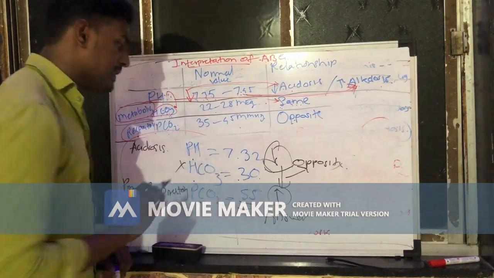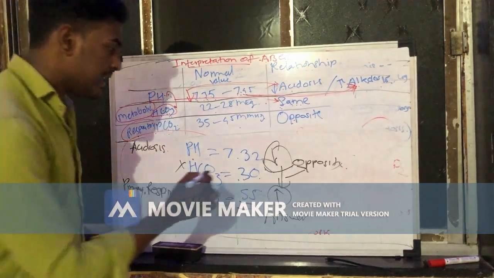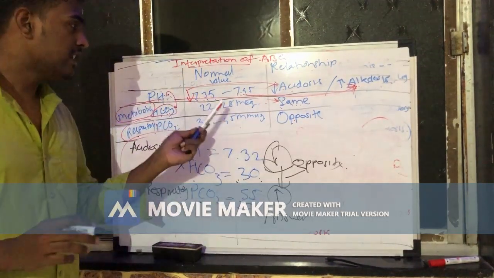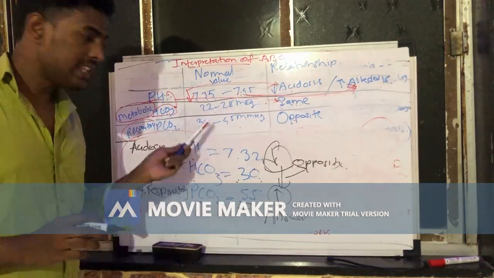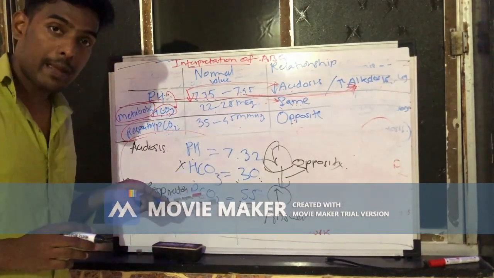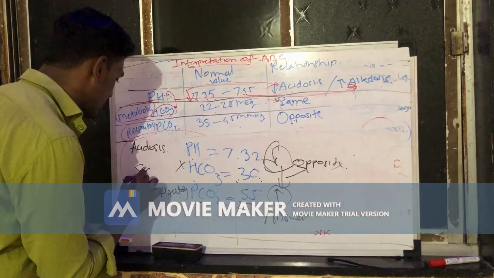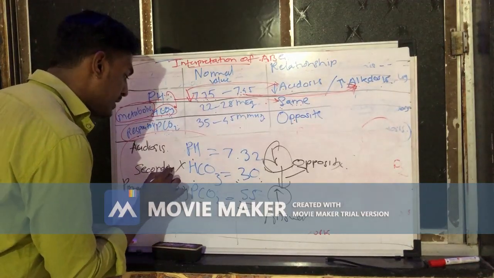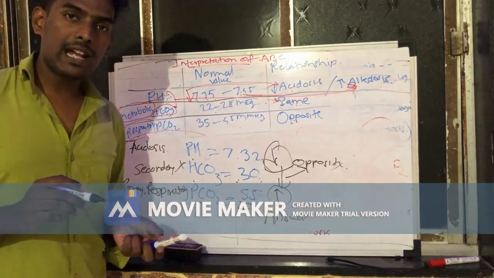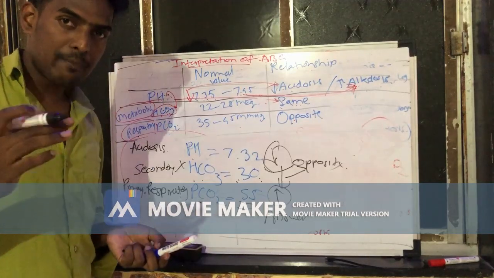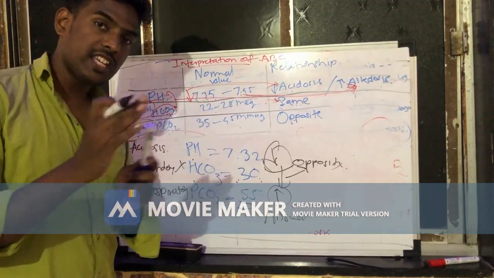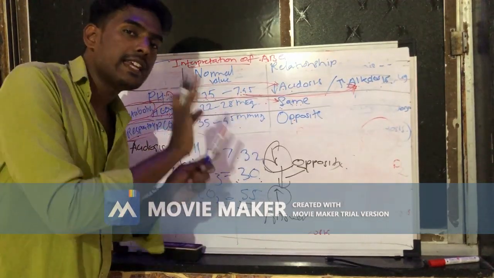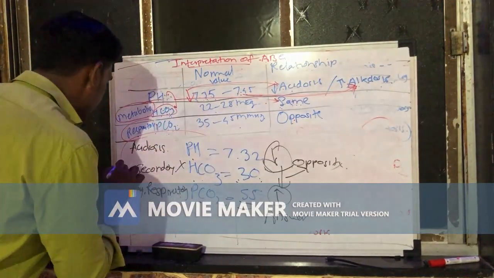The other one, HCO3, changed its position. He is not in the normal range, right? He changed the position, but he is not the primary component. He is a secondary component. So if another factor of that ABG other than the primary component changed position, it means it compensates. So compensated by.